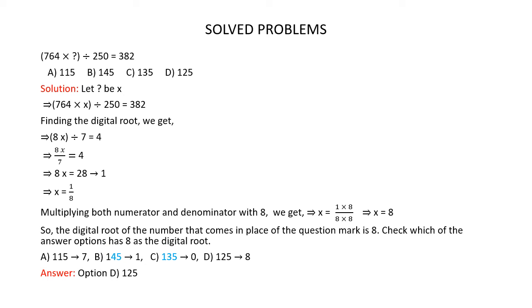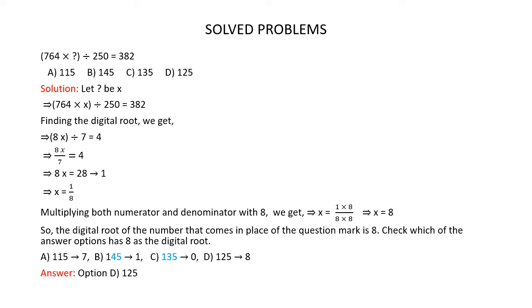Option A is 115 and 1 plus 1 plus 5 is 7. Option B is 145. 4 plus 5 is 9. You can ignore those two digits. So the digital root here is 1. Option C is 135. 1 plus 3 plus 5 is 9, which is nothing but 0.